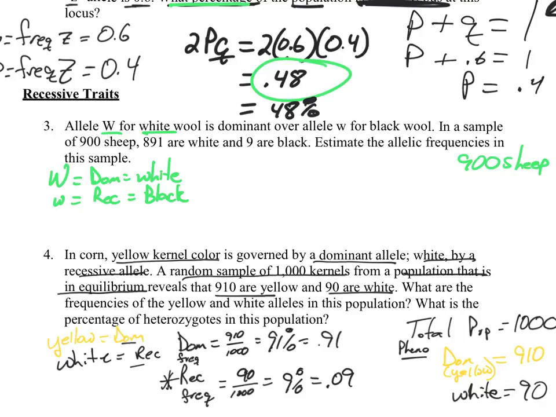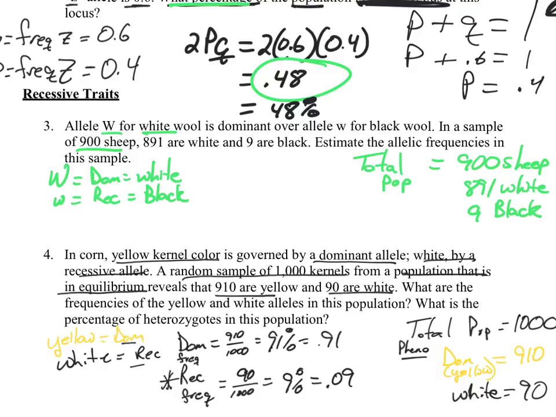What does that stand for? The gene pool, or the total population, right? It's not really the gene pool because they don't tell you the genes, but that's the population. But you get the idea. Somewhere in there are the genes. And you've got 891 out of this 900 that are white, and 9 are black.